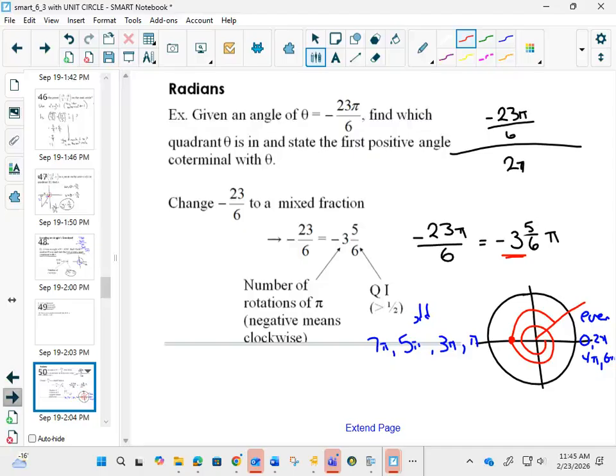Since negative 23 pi over 6 ends in quadrant 1, it's coterminal with pi over 6. And sine of pi over 6 is a half. So sine of negative 23 pi over 6 is also a half. That's what our brain's going to do.